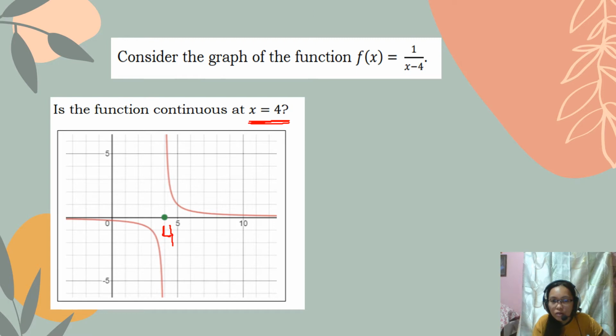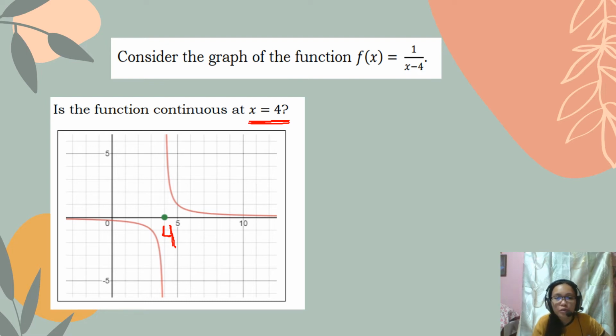This is 4. All right. So let's try to check. If we try to inspect this, when you try to trace the graph from the left going to 4, do you have a y value when x is equal to 4?